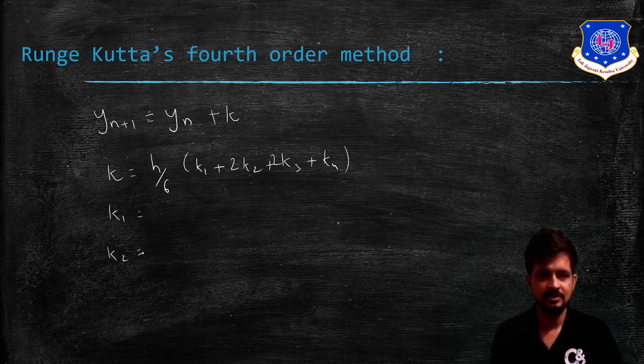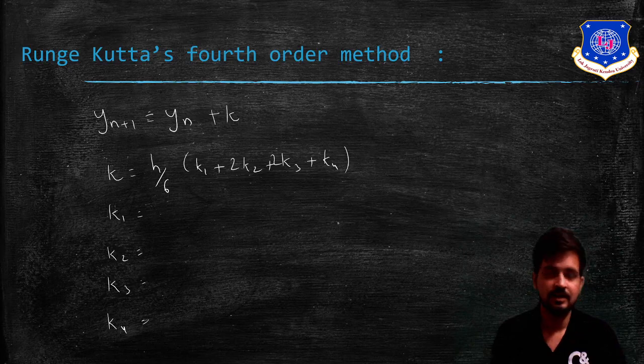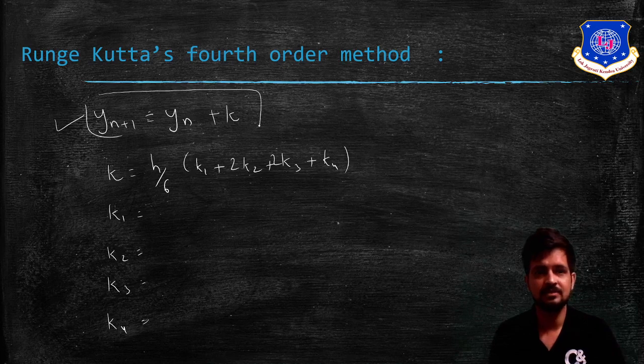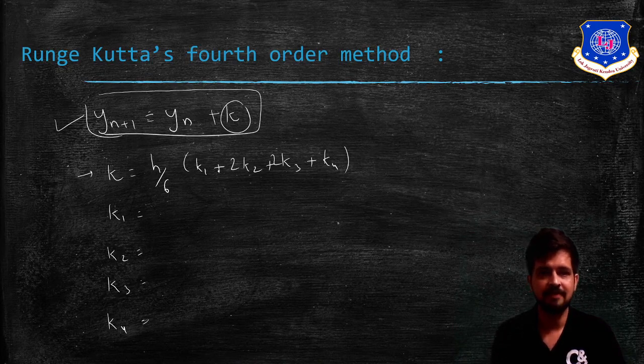Why is it known as fourth order? Because we are taking 4 different slopes. Okay, in second order we are taking 2 slopes. In the Runge-Kutta fourth order method, you have to directly remember this. Okay, yn plus 1 is equal to yn plus k. And how can we find k? So this is the formula to find k: h by 6 into k1 plus 2k2 plus 2k3 plus k4.